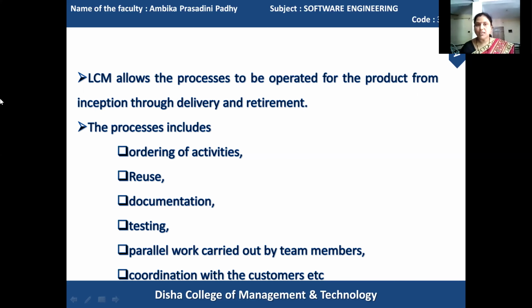When the processes of software development are executed, it consists of a series of activities, like ordering of activities, reuse, documentation, testing, parallel works that need to be carried out by the team members, coordination with the customers, like that.